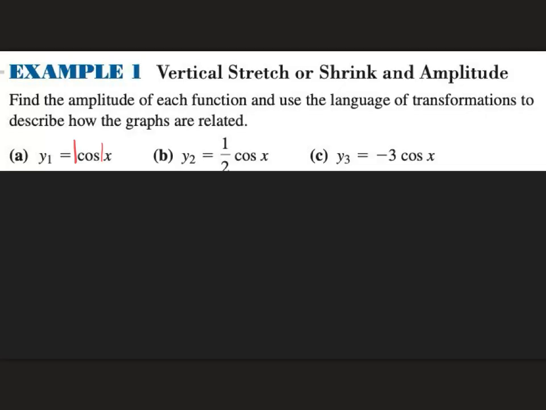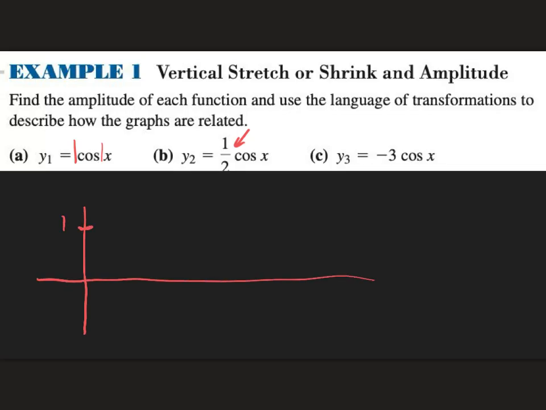Now, in Y2, we have 1/2 cosine x. This changes the amplitude because it's in front of the cosine. So all of our values shrink by 1/2. So the regular cosine is going to look like this.